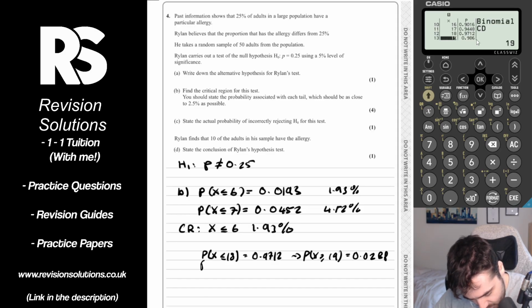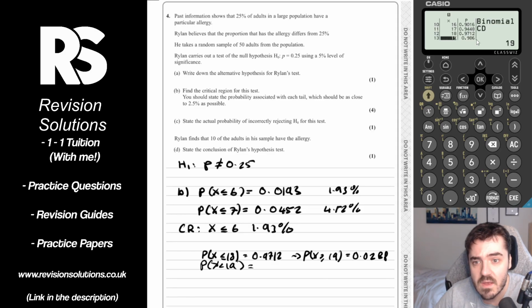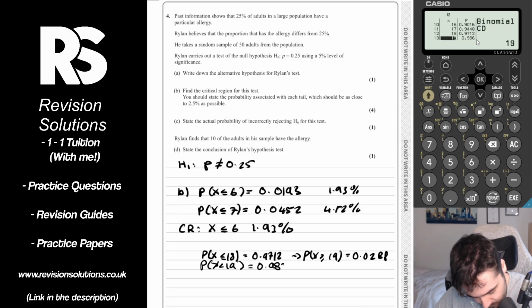And if we go one up, just to double check, so probability x is less than or equal to 19, in our calculator, that's 0.986. If we flip it over again, that's probability x is greater than or equal to 20 is equal to 0.014.